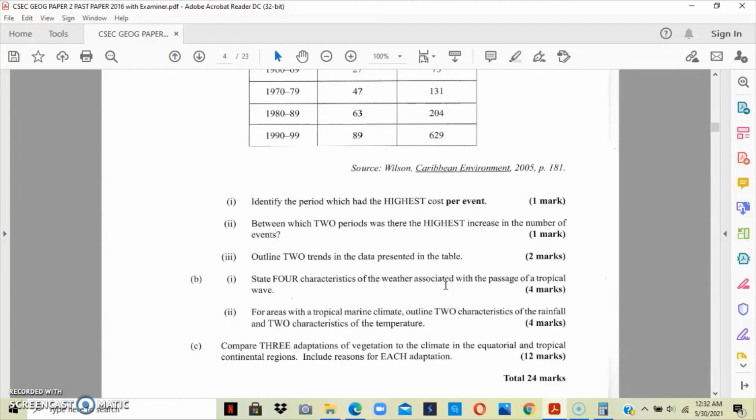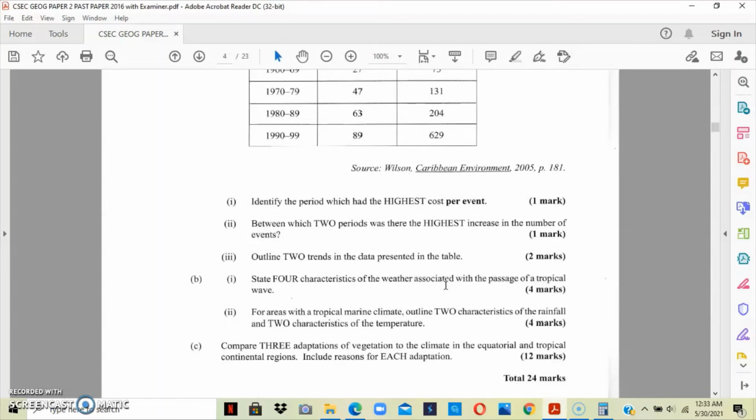Part 2 now asks that for areas within a tropical marine climate, we're to outline 2 characteristics of rainfall and 2 characteristics of temperature. So let's start with the rainfall. The characteristics of rainfall in the tropical marine climate is that it is seasonal, right?